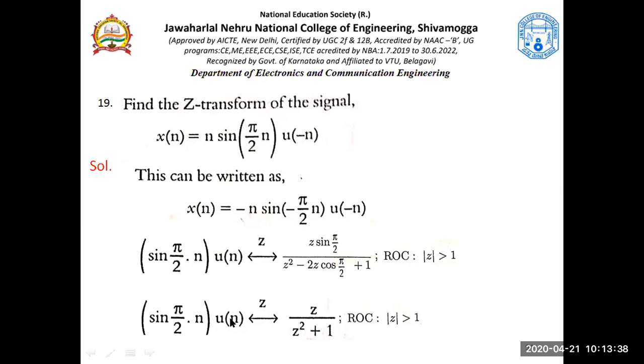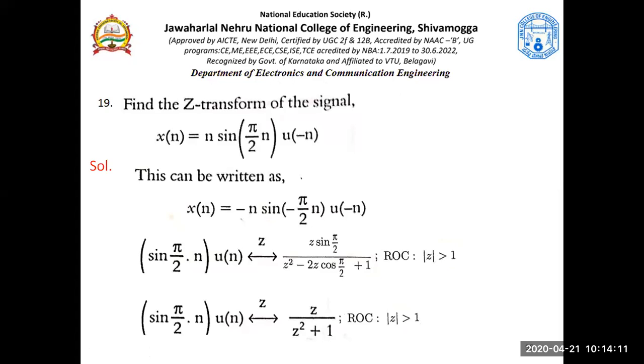So what do we understand by the time reversal property? If we time reverse, this z has to be replaced by 1 by z. So introduce minus sign here and replace this z by 1 by z, and similarly replace this z in the ROC also by 1 by z. Is this okay with you? That is what the time reversal property tells us.